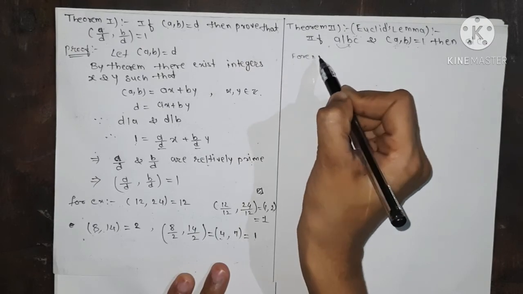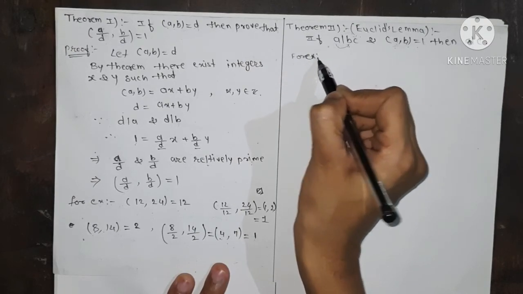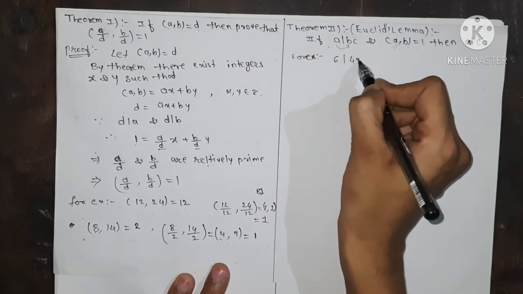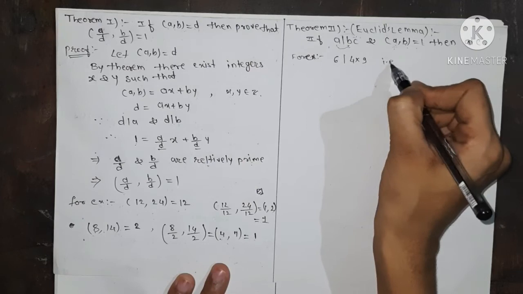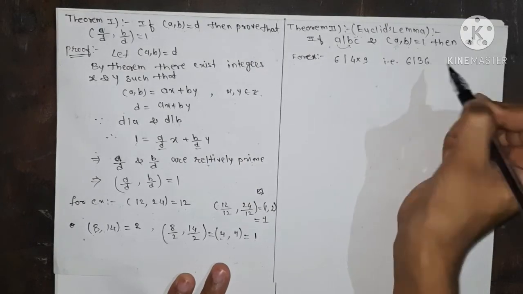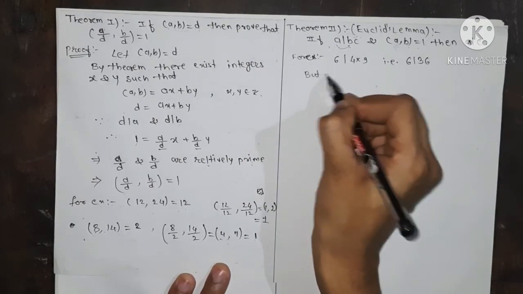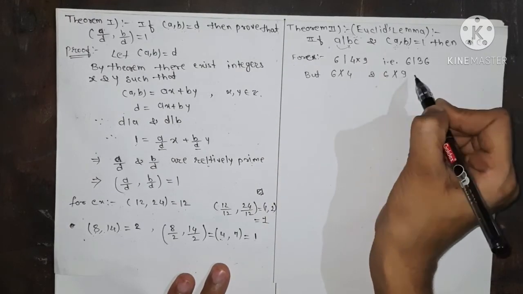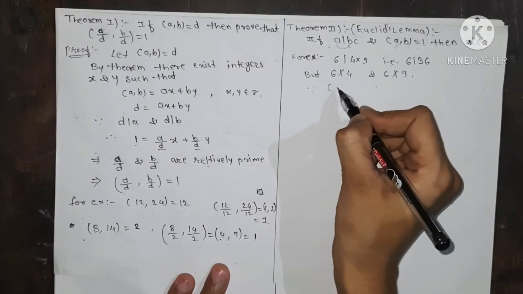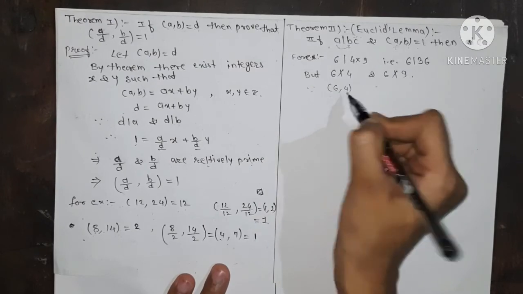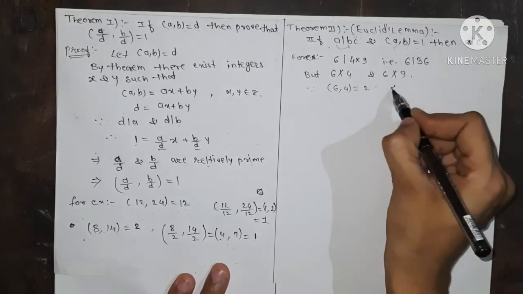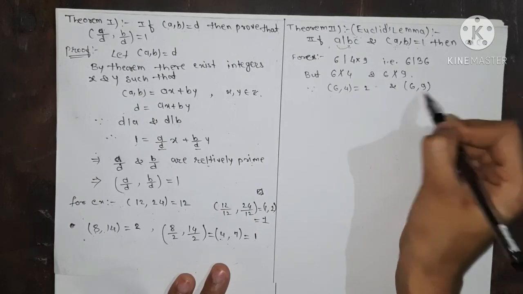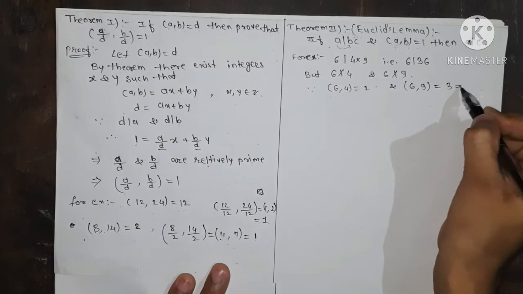For example, 6 divides 4 multiplied by 9, that is, 6 divides 36, but 6 does not divide 4 and 6 does not divide 9. Since the GCD of 6 comma 4 is equal to 2 and the GCD of 6 comma 9 is equal to 3, neither is equal to 1.